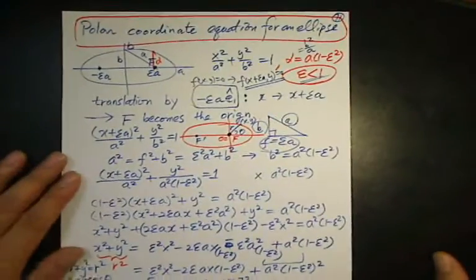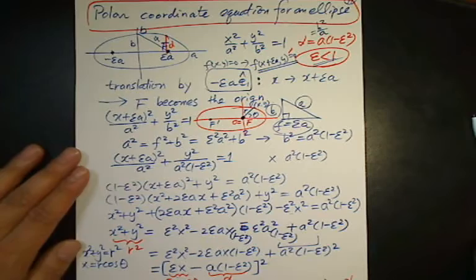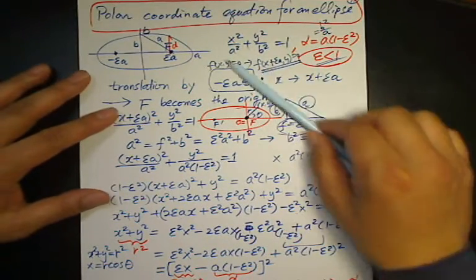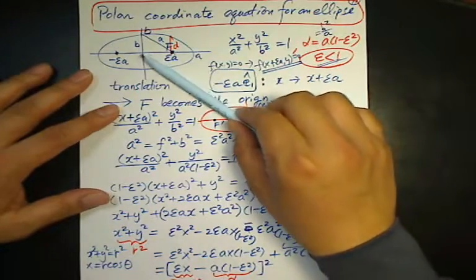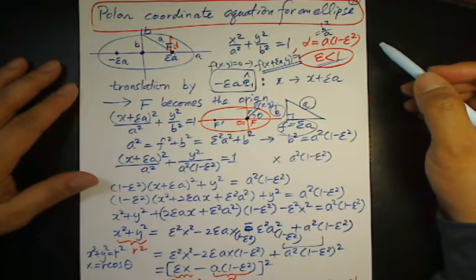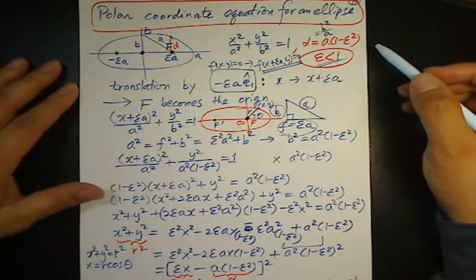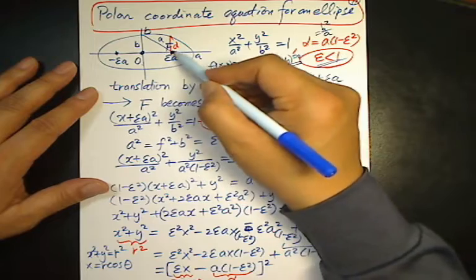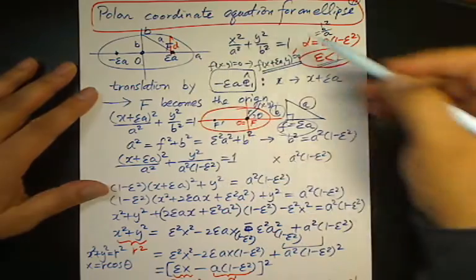Next, we consider the polar coordinate equation for an ellipse. First, this parametrization has the origin placed at the center. But what we are interested in is to match the origin with this focus.